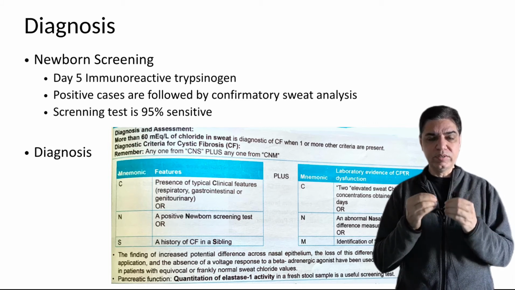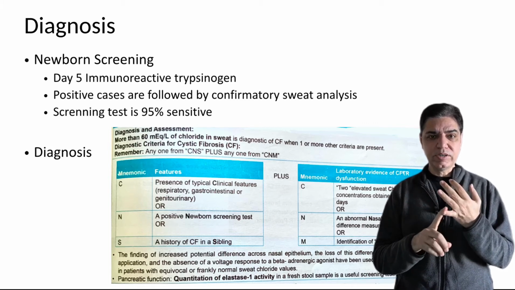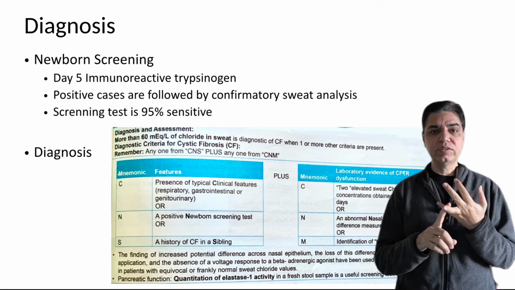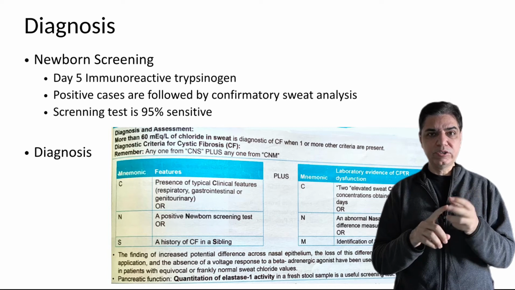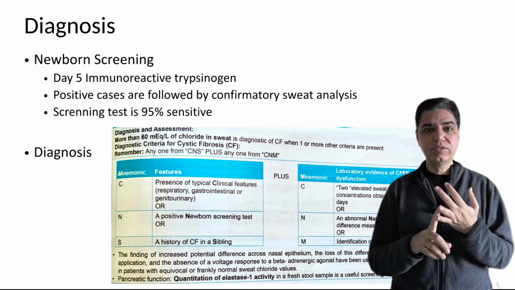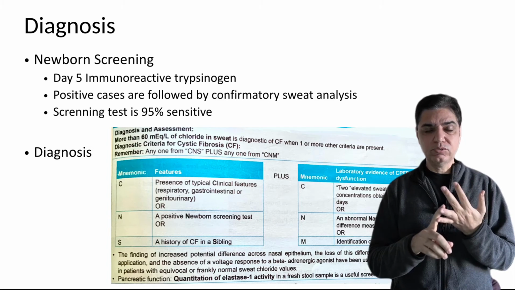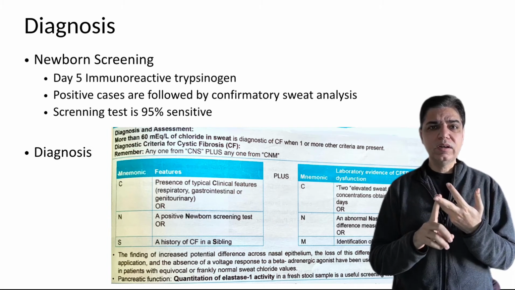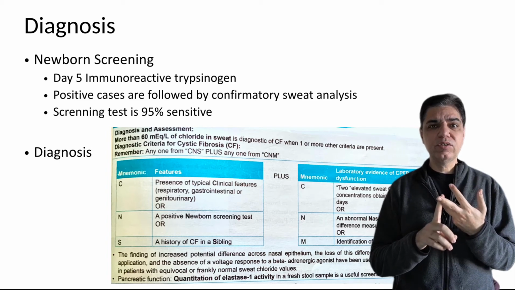So any one of these three, either a positive newborn screening test, a history of cystic fibrosis in the sibling, or presence of clinical features, any one of these, plus 2 or more confirmatory sweat sodium levels more than 60, or abnormal potential difference across nasal epithelium.